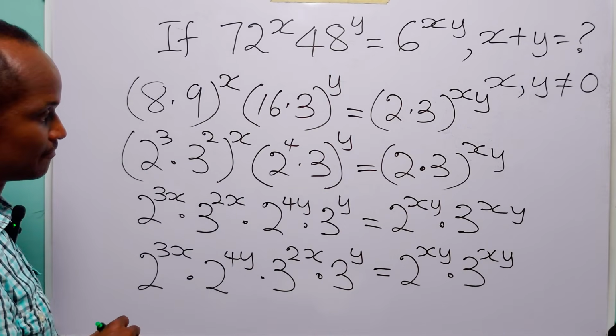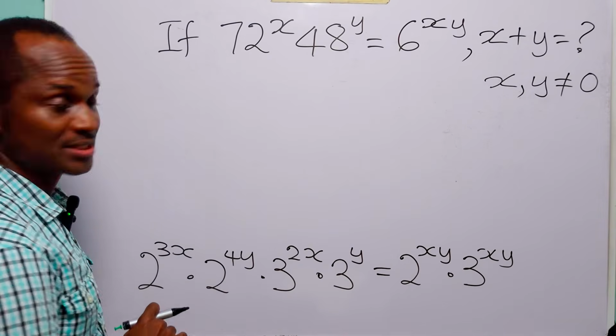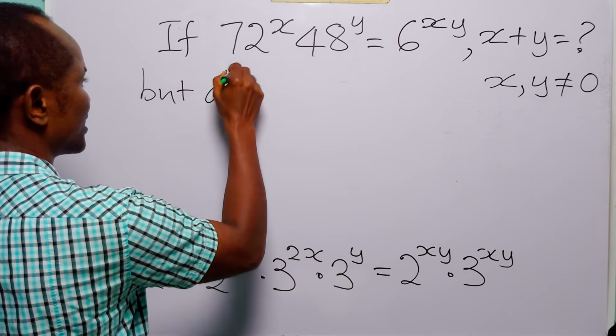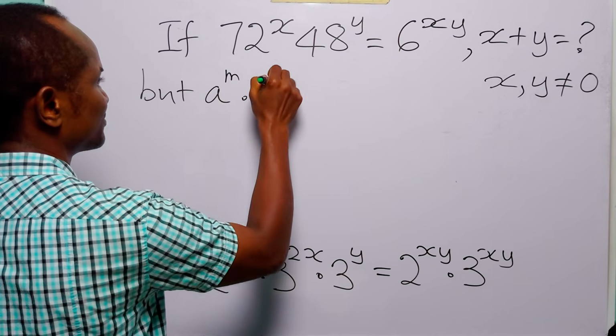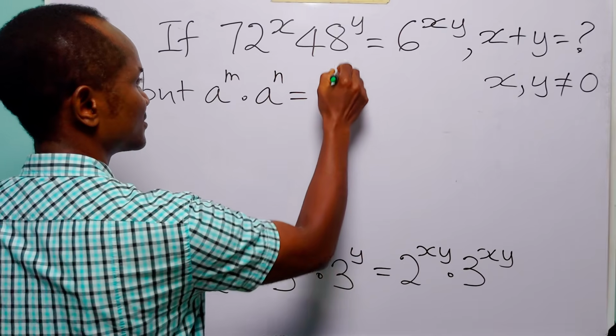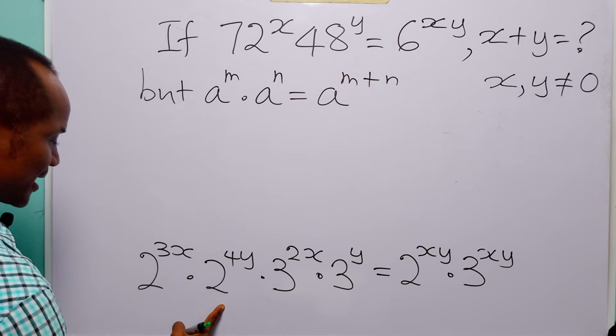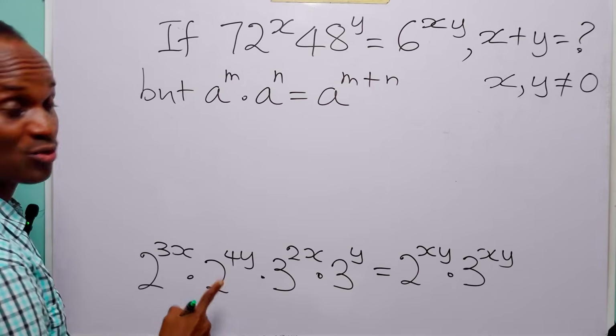Now, at this point, let us remember that a to the power m multiplied by a to the power n is equal to a to the power m plus n. So here we have 2 and here we have 2, so we can combine the two of them.